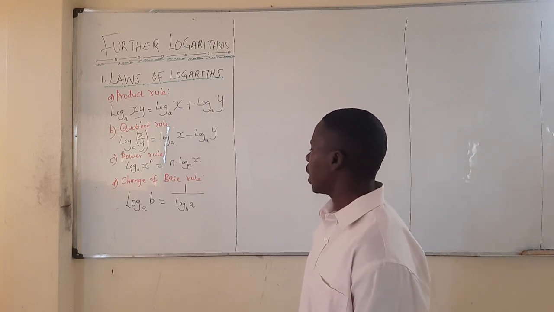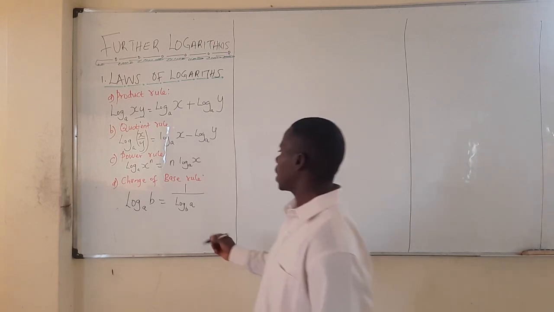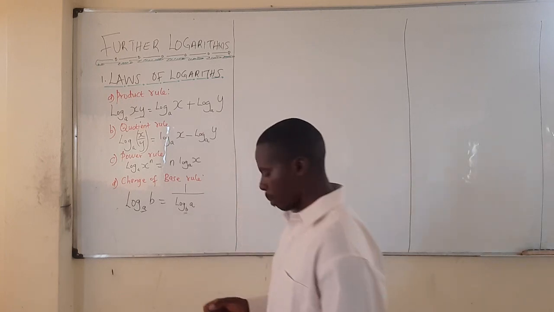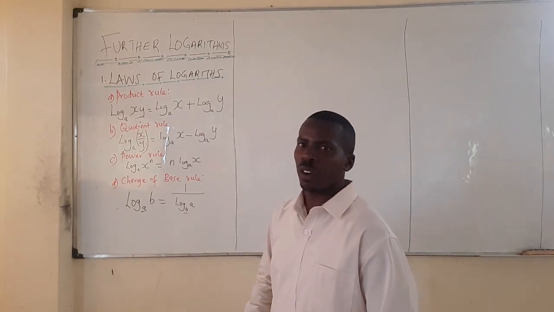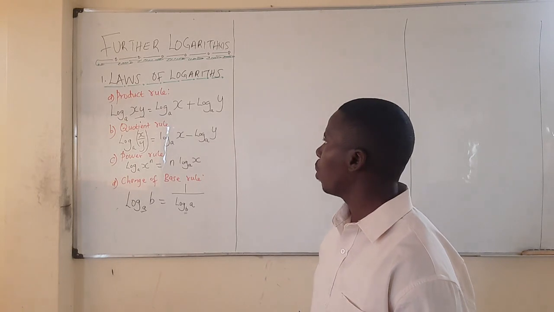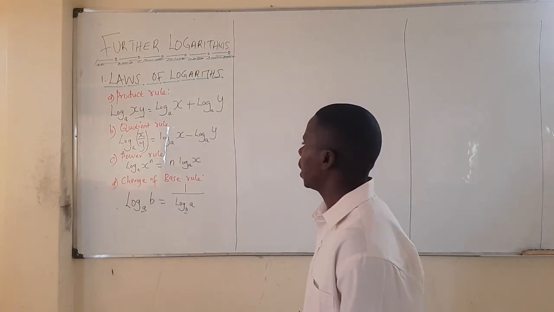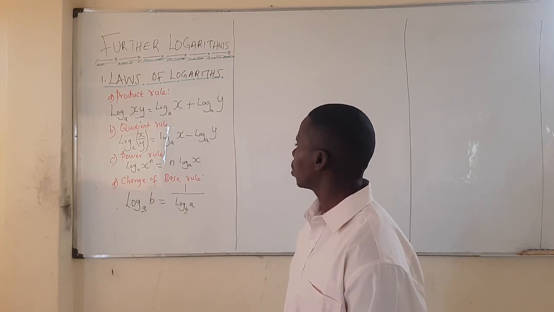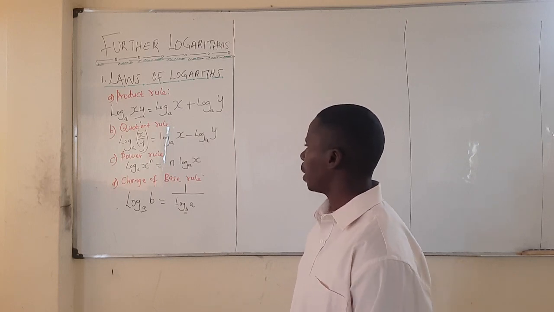Now we have changed the base. In this case, we had a as the base, and here we have b. So those are the 4 laws of logarithms, and we are going to do examples to be able to practice on them.